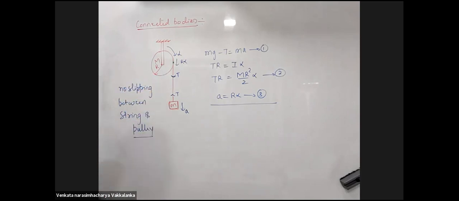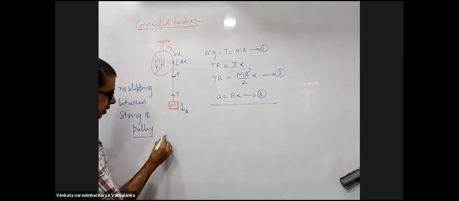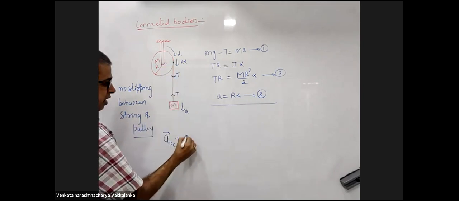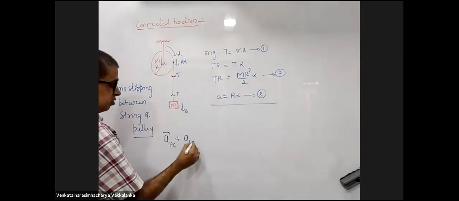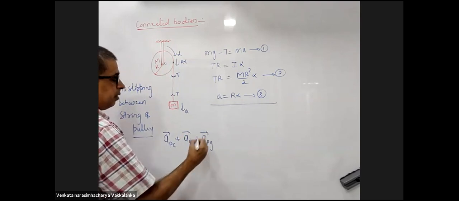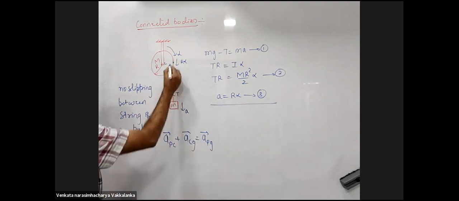I repeat the constraints. Please listen. If I take this point to be P, acceleration of the point P with respect to center of mass plus acceleration of the center of the disk with respect to ground is acceleration of the point P with respect to ground.